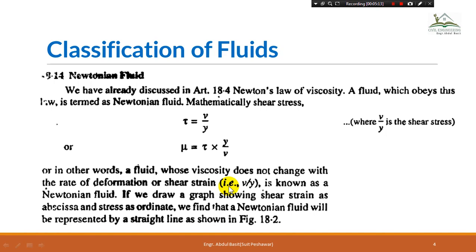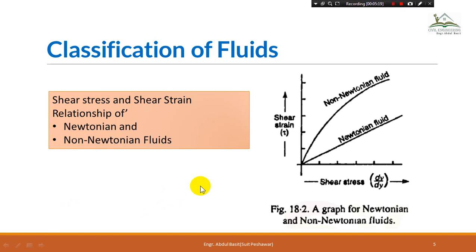If we draw a graph showing shear stress and shear strain, this is that graph. Shear stress is shown on the abscissa, and shear strain on the ordinate.